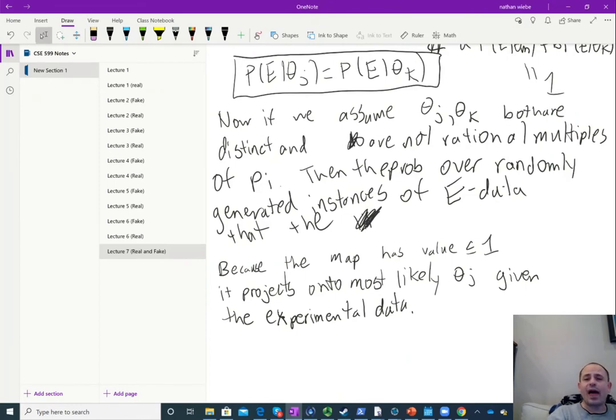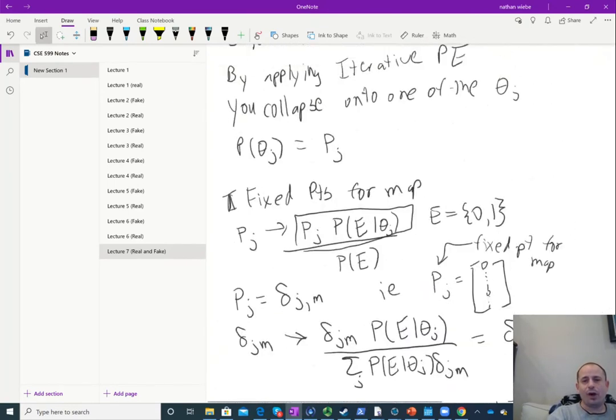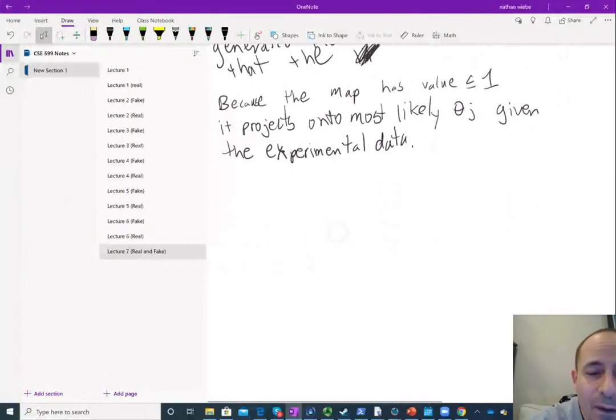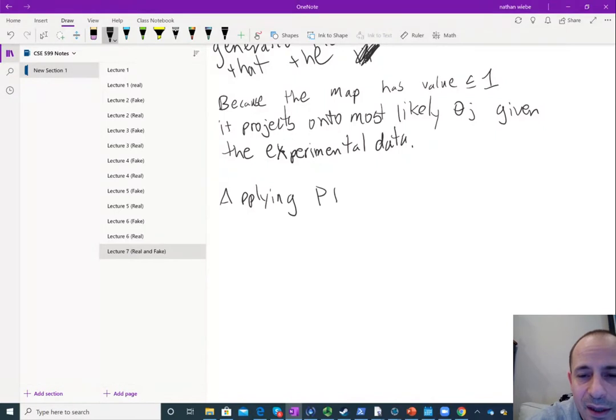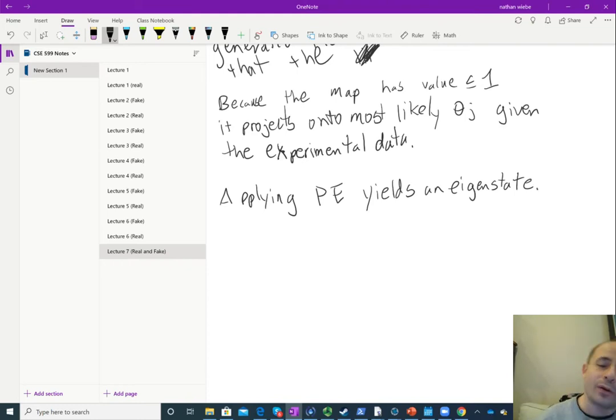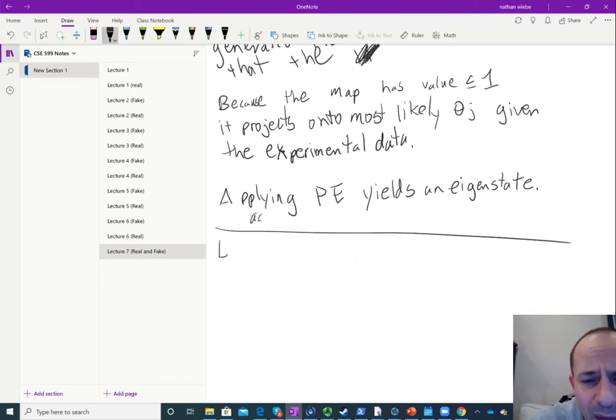So that shows that in general, applying PE yields an eigenstate. Further, how can we go about learning the phase, as experimental data goes to infinity?